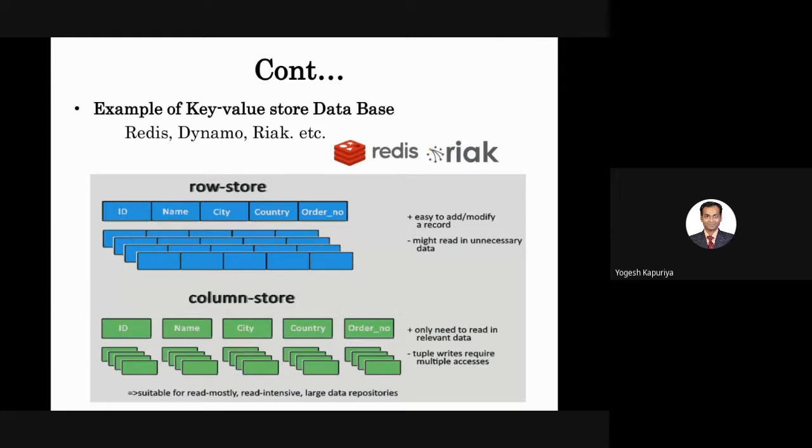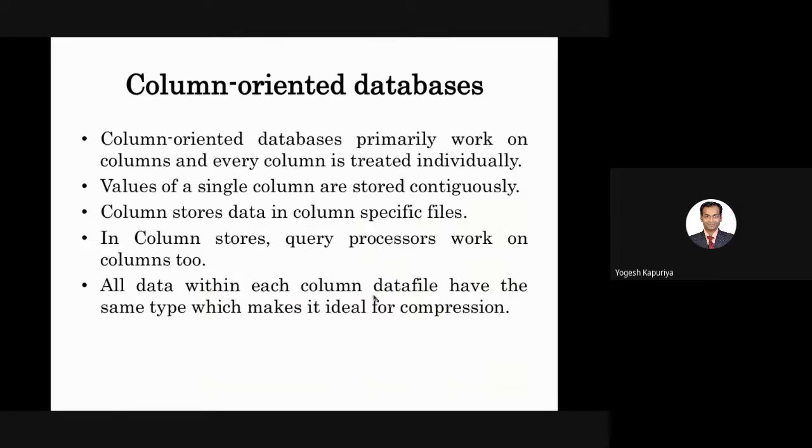That's why most of the time this is used for post analytics, because there you are only interested in some attributes, some columns, and this technology will help you do it.